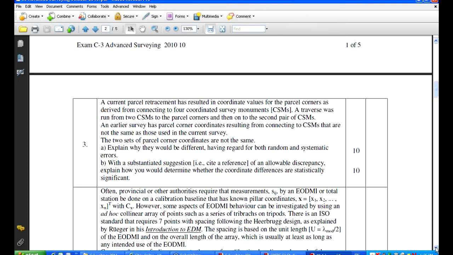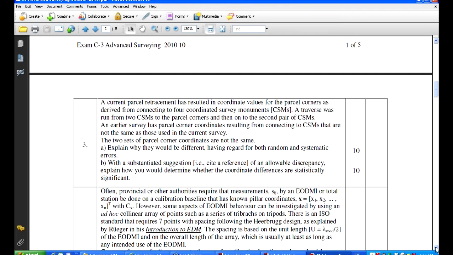Basically, if you have a parcel and you've gone from, say, 2 pairs of coordinated monuments and coordinate the corners, and then somebody else comes in from another pair from some other direction, the coordinate values won't necessarily coincide. In fact, they probably won't.